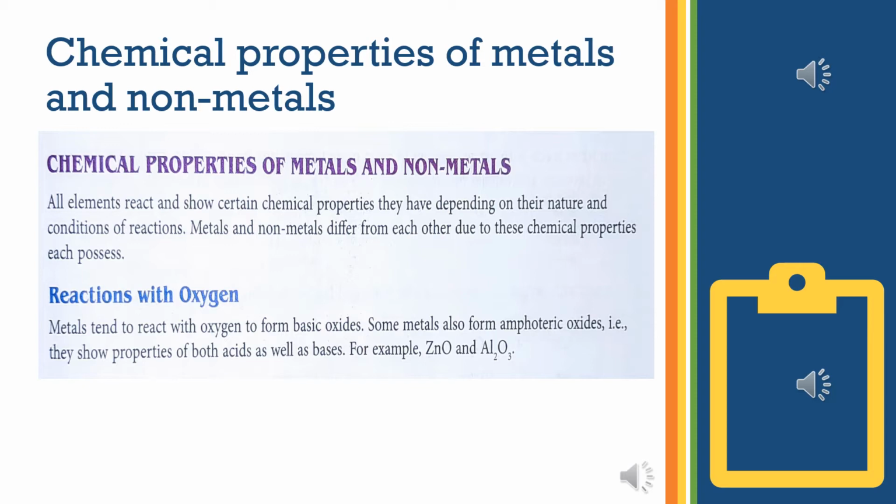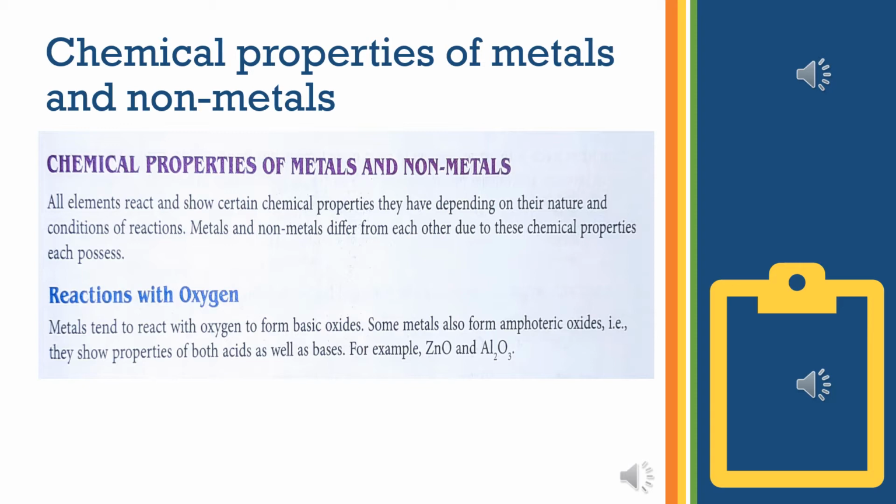The first chemical property to discuss is the reaction with oxygen. Most metals react with oxygen to form metal oxides. Here I use the word metal oxide, and in the book it is written as basic oxide.